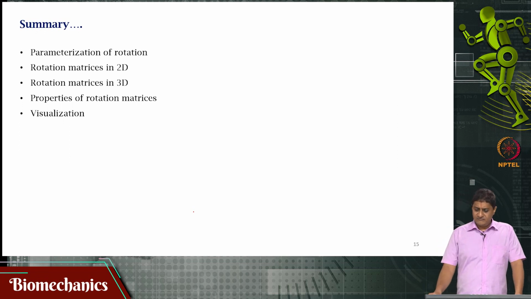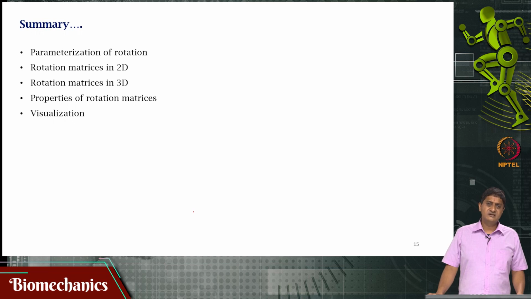So, in this video we looked at various ways in which we can parameterize rotation, and we saw how to derive the expression for the rotation matrix in 2D, and we did not do this derivation for 3D. I will leave that as an exercise for you to do.